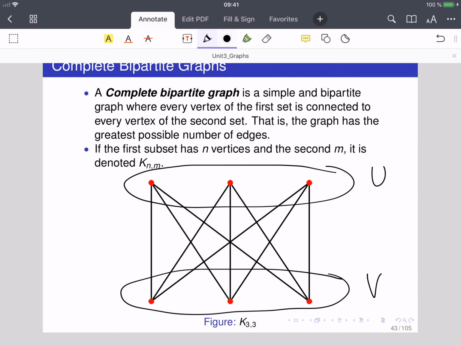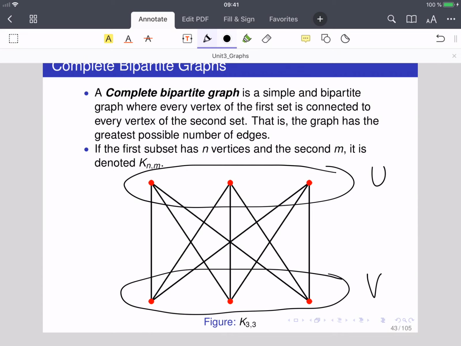We impose that the vertices in u are not connected between them, the vertices in v are not connected to each other, and after that, we impose that the graph is complete in the sense that it has as many connections as possible. It means that each vertex in u is connected to each vertex in v, and since this graph is non-directed, all vertices in v are also connected to all vertices in u.